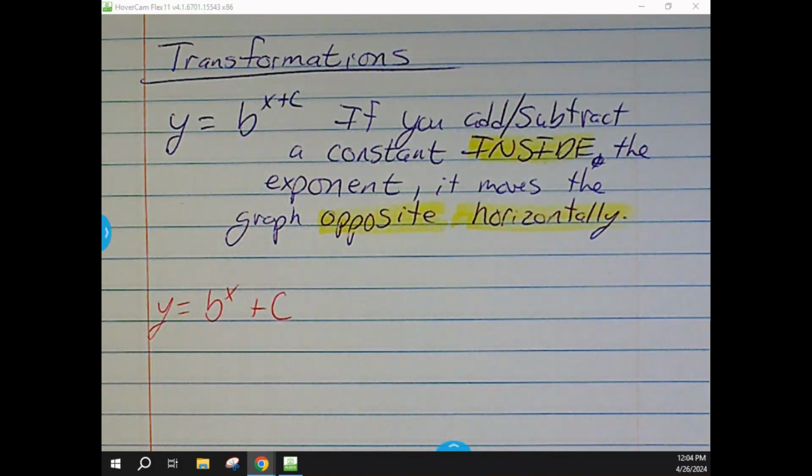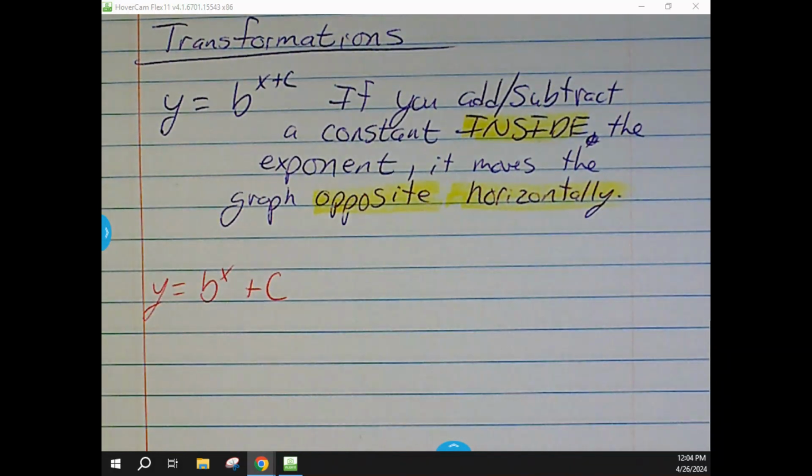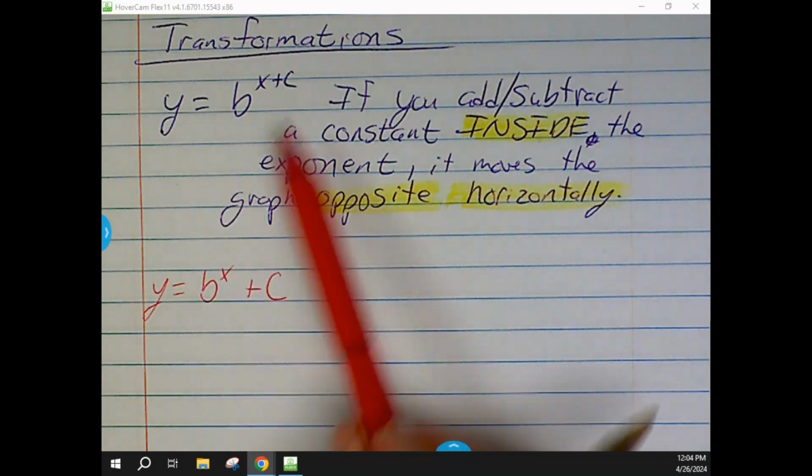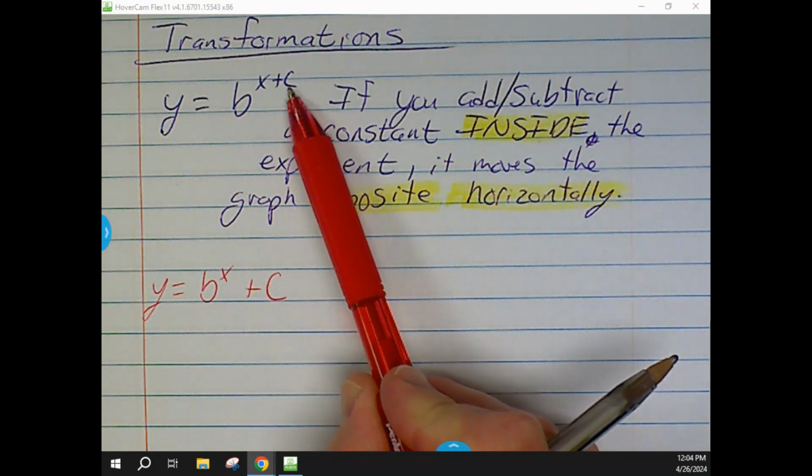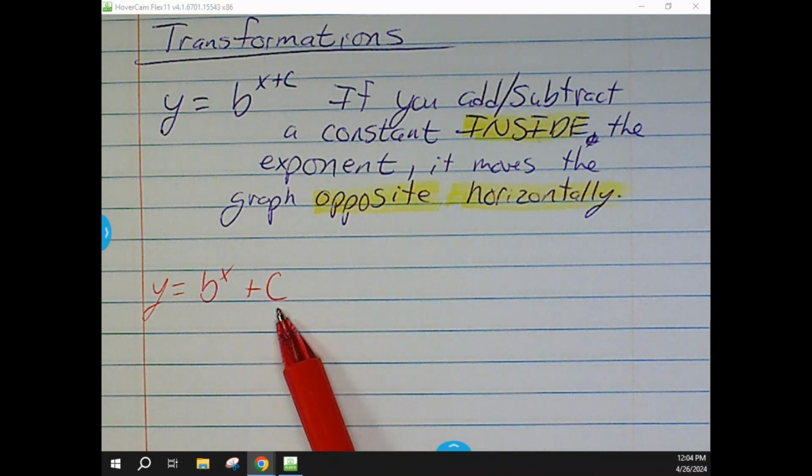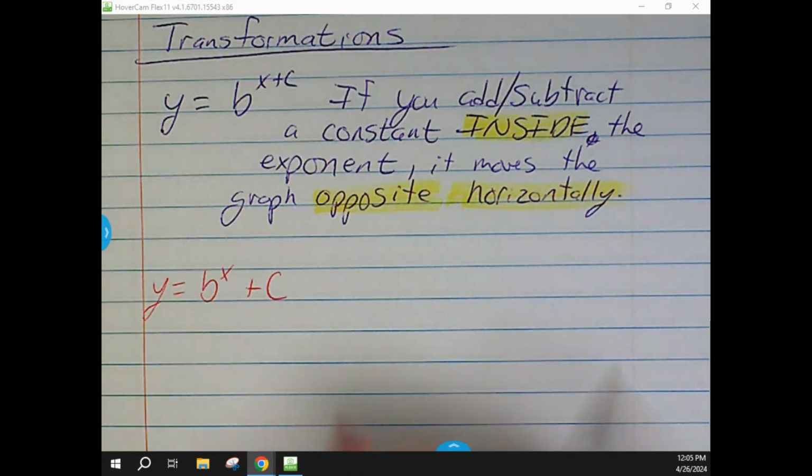All right, and then again, if they put it on the outside, and this is where you can see it a little bit better because if it's inside, it's a smaller number. If it's on the outside, it's a bigger number. So I'm not going to try to trick you on the test. This one should be really easy to see if it's inside or outside because there's no need of trying to trick anybody on this thing.